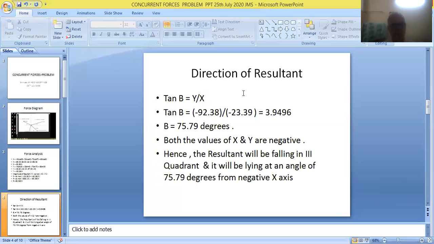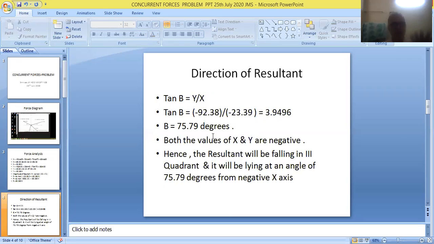Now we have to measure the direction of resultant. So tan theta is written as sigma y by sigma x. Sigma y is indicating the opposite side, and sigma x is indicating the adjacent side. So tan theta will be equivalent to opposite side by adjacent side. So therefore, it is written as y by x.